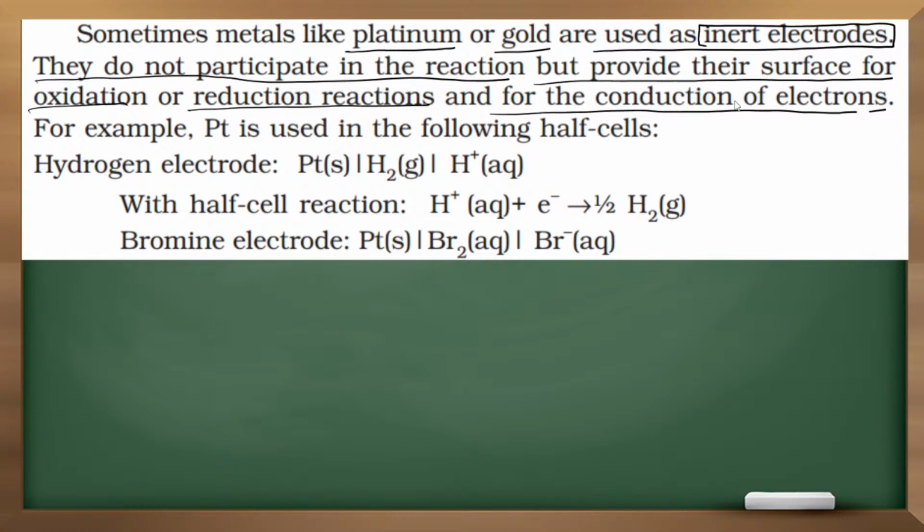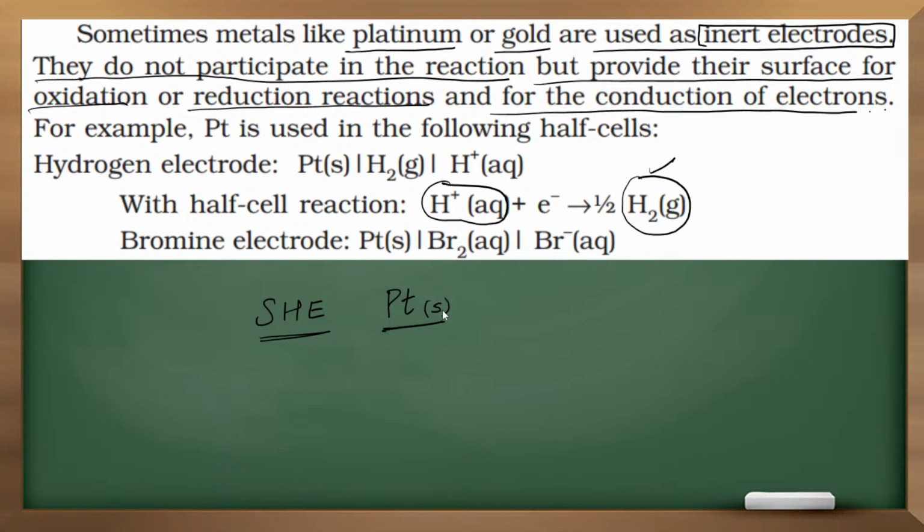You know, platinum is used in standard hydrogen electrode. Why? Because hydrogen gas evolved should be in equilibrium with H plus ions. So to adsorb hydrogen, platinum solid is used because it provides the surface.